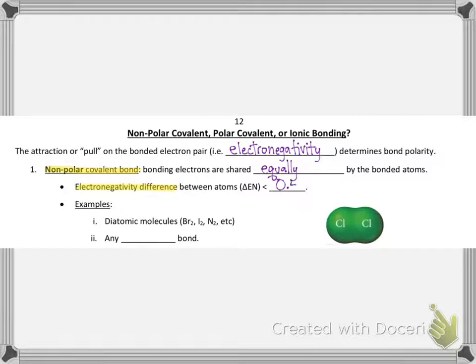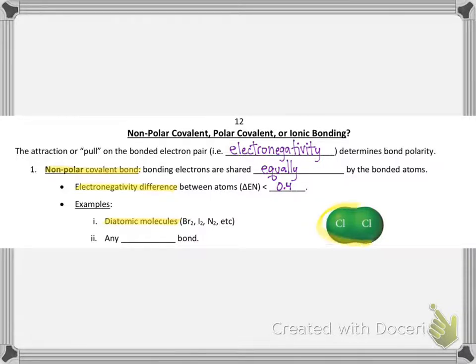But basically, these measures of electronegativity are in Paulings, and if you subtract the electronegativities of two atoms, if your number is less than 0.4, that's when things are considered equal enough that it's equally shared.